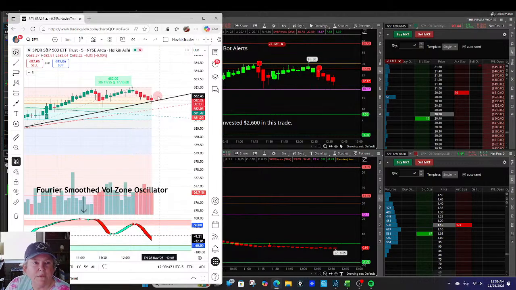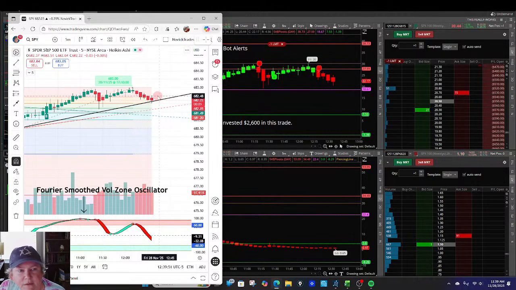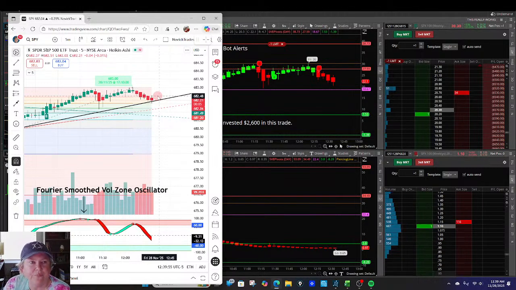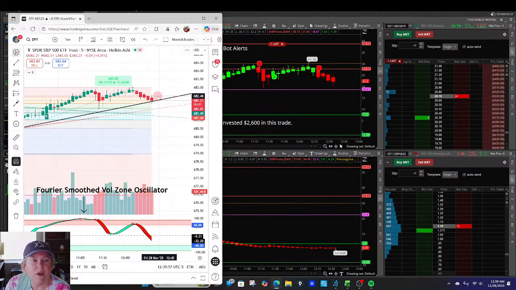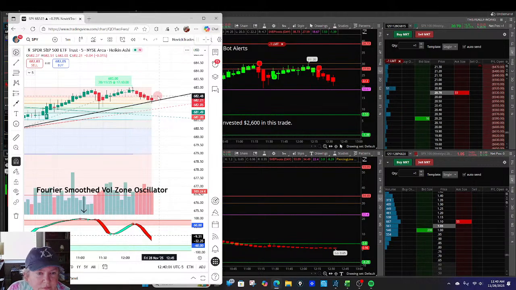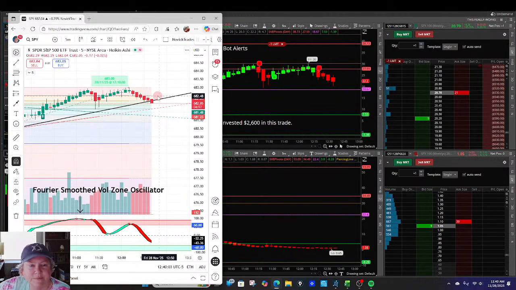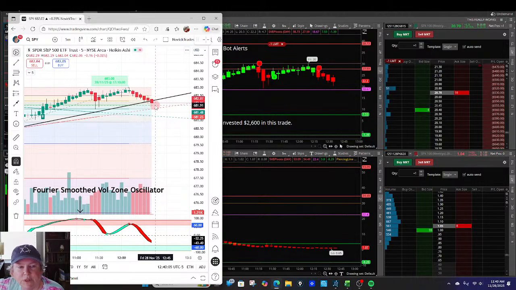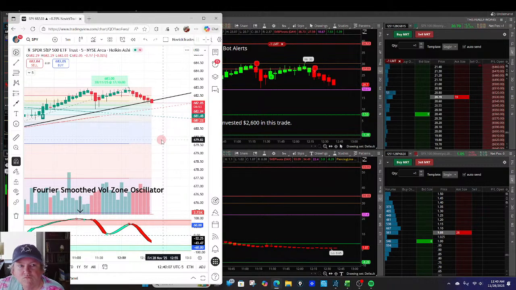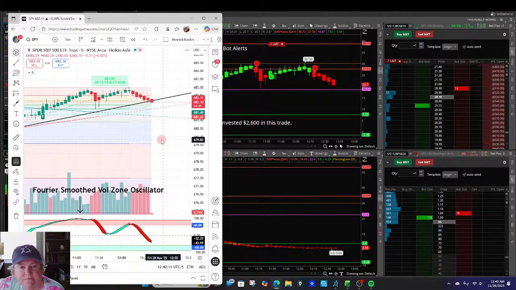Okay, we're just waiting for the next candle to form. These are 5-minute Heiken Ashi candles that I look at. 5, 4, 3, 2, 1. Oops. Okay, it has slipped below. Tough decision.